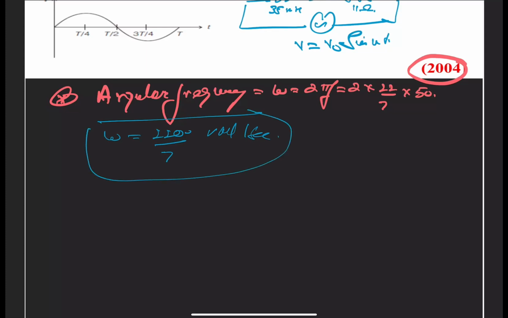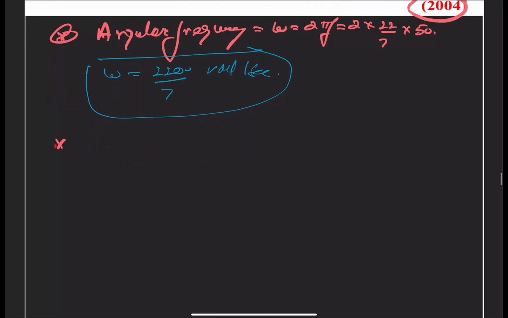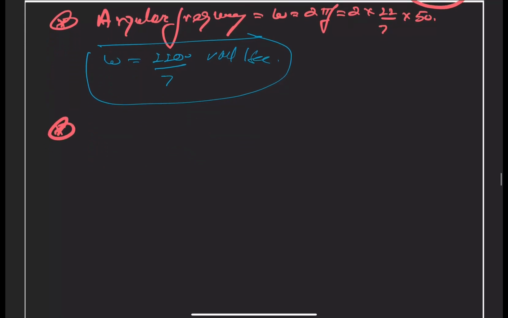Next, we are going to find out the impedance of this LR circuit. Impedance calculation.